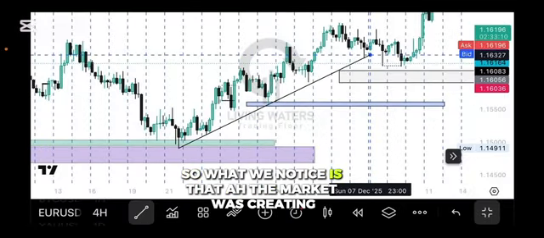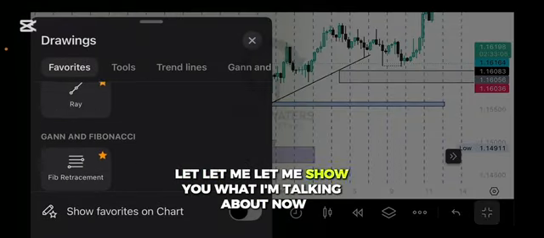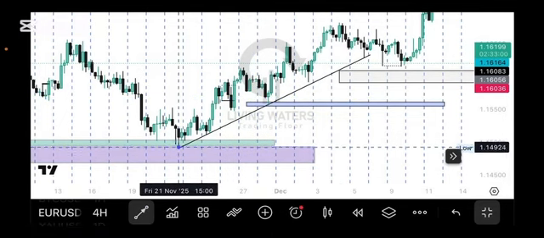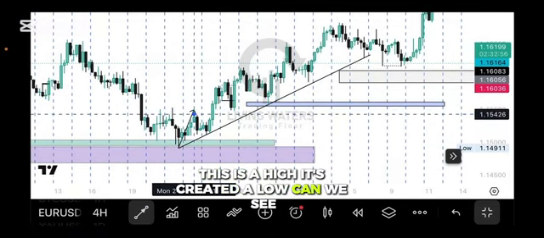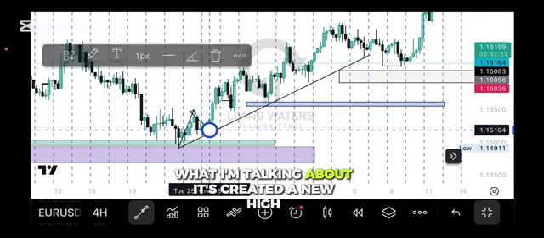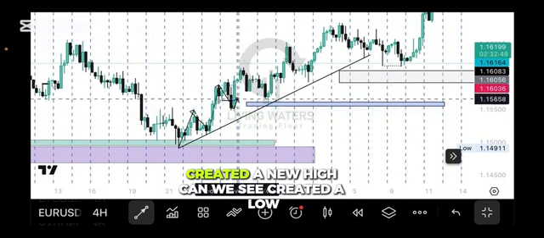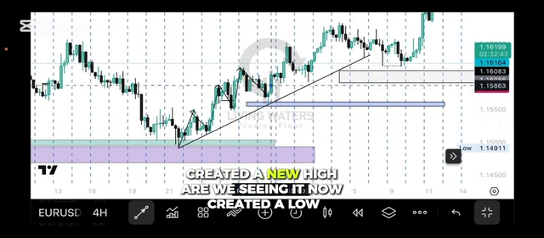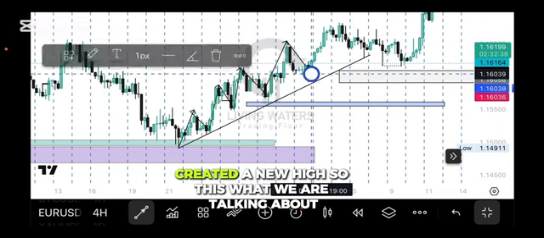What we notice is that the market was creating a high, it created a low. Can we see what I'm talking about? It created a new high, created a low, created a new high. Created a low, created a new high.